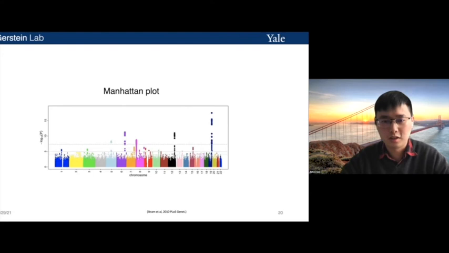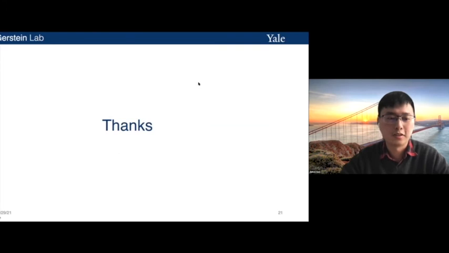So basically, they are linked together, and usually people only use the most significant one as the so-called tag SNP. That is the one people always focus on. And basically, that's how people do this analysis for eQTL in GWAS. And thanks.